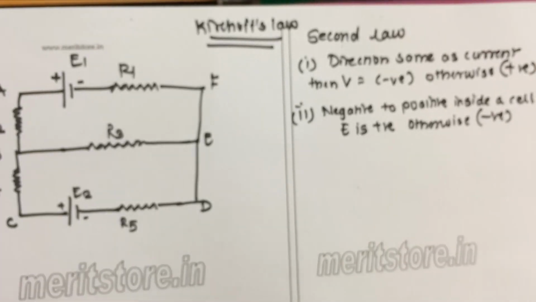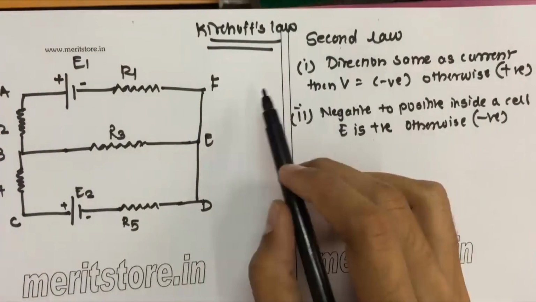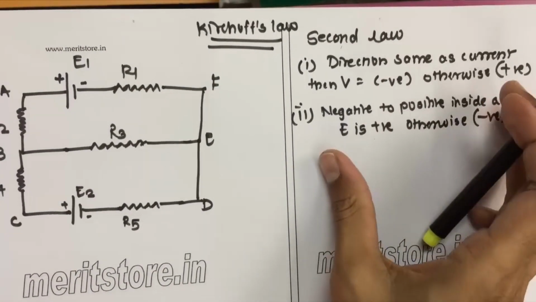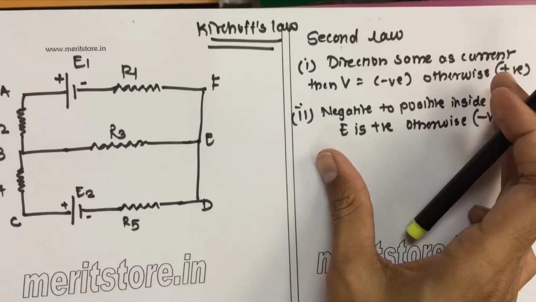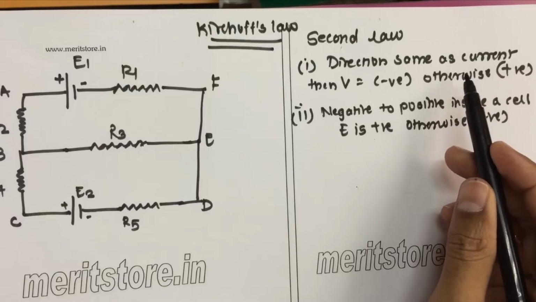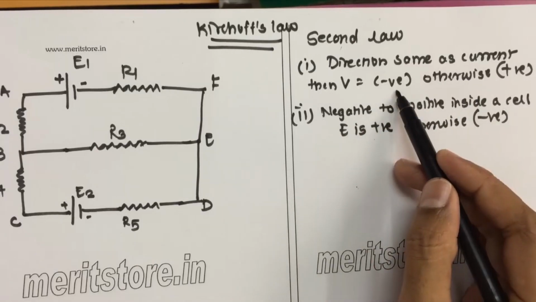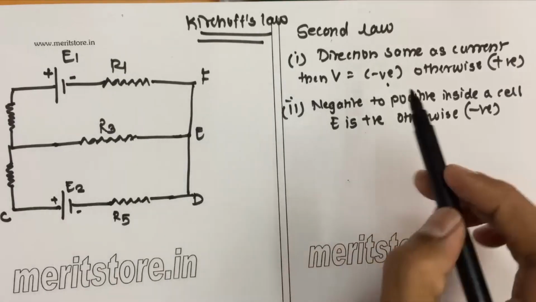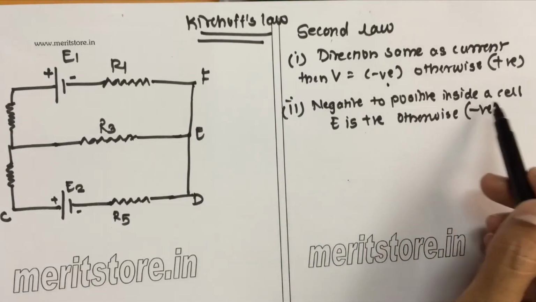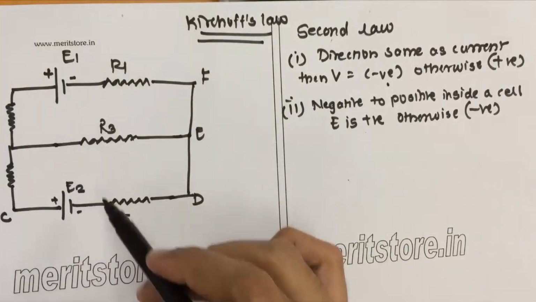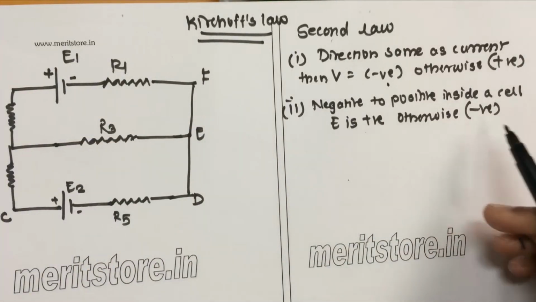Next is Kirchhoff's second law, also called the voltage law. The law states that while tracing a particular circuit, if we travel in the same direction as the current, then the voltage is negative, otherwise it is positive. And if we move from the negative to the positive side of a cell, then the EMF is positive, otherwise it is negative.